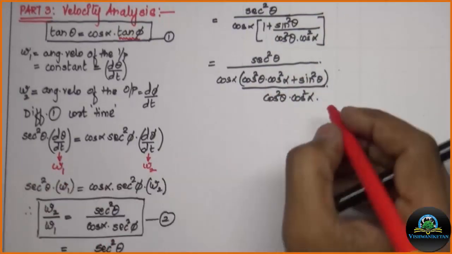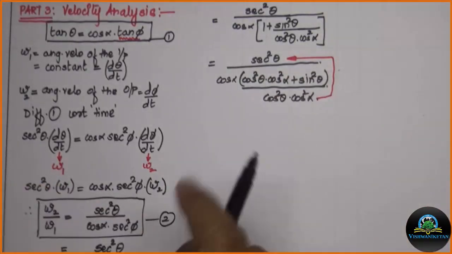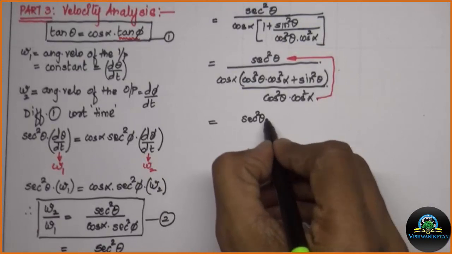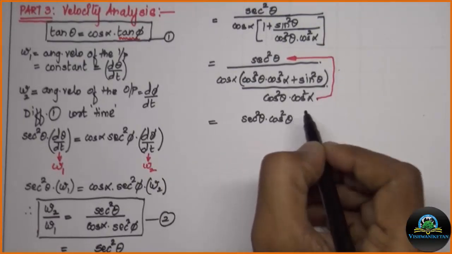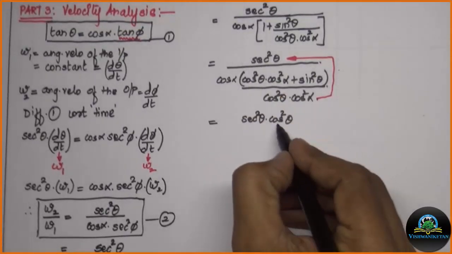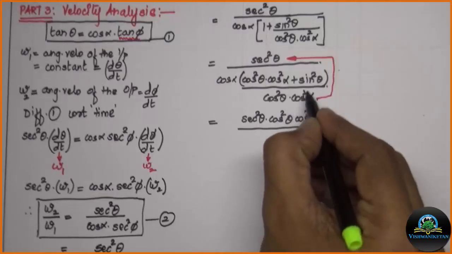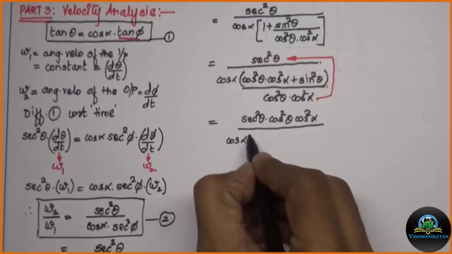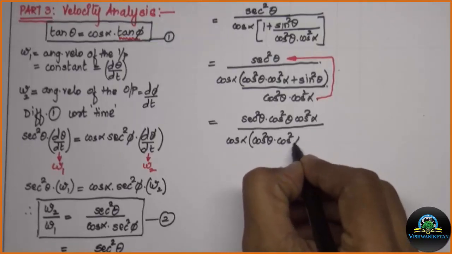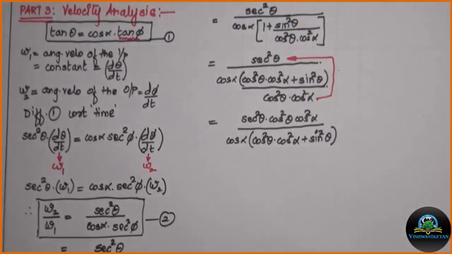Now, this entire denominator can be shifted here. So my next step would look like sec square theta as it is, cos square theta cos square alpha from the denominator go up, and cos alpha, cos square theta cos square alpha plus sin square theta would remain as it is.